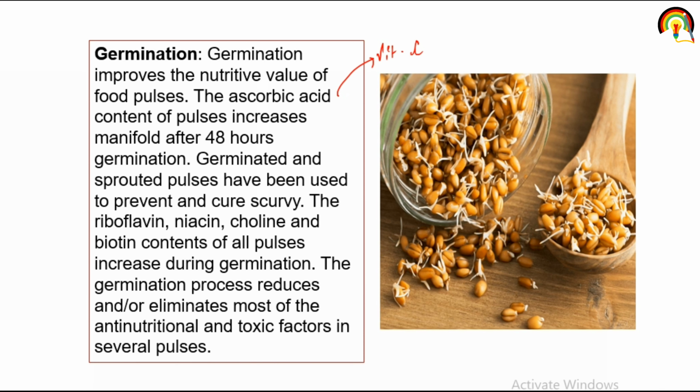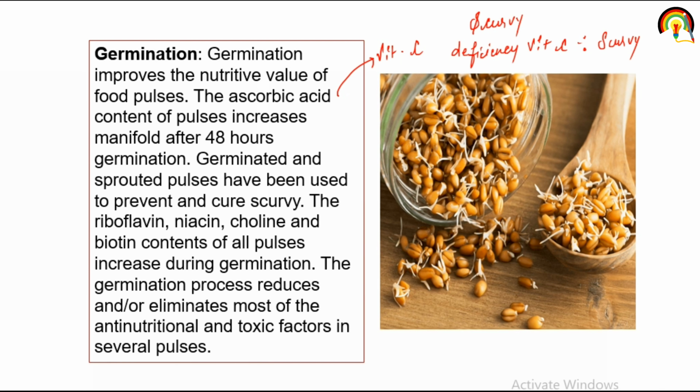What is scurvy? If there is a deficiency of vitamin C in the body of any individual, that person can suffer from scurvy disease.